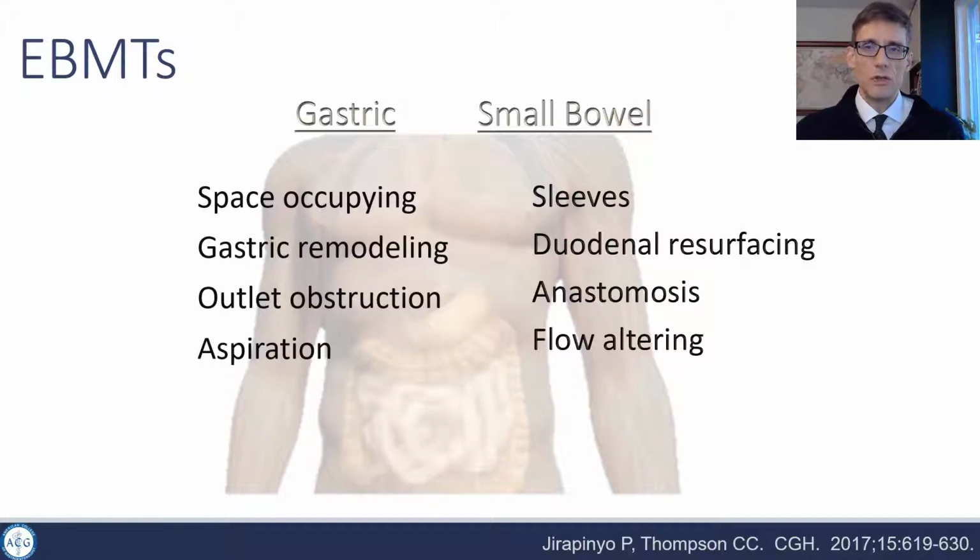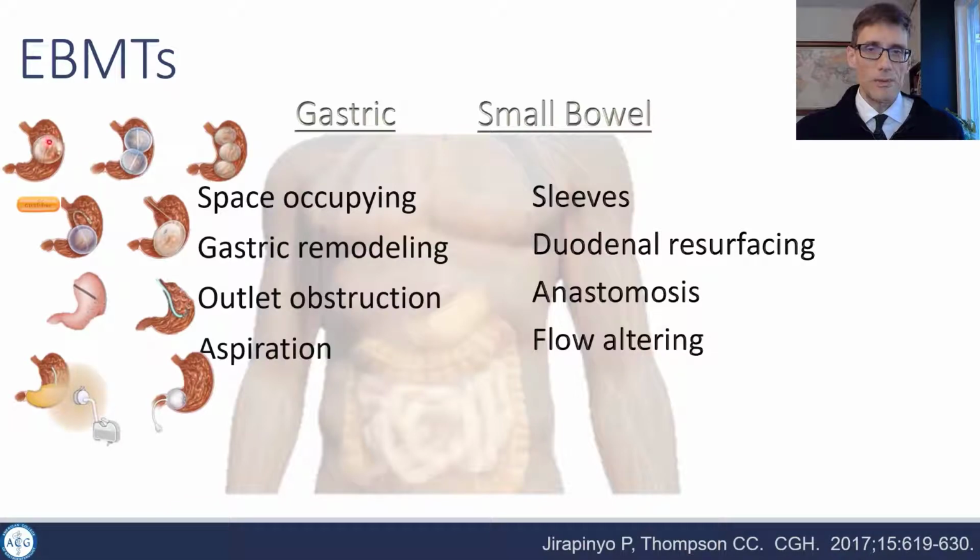Moving on to endoscopic bariatric and metabolic therapies, or EBMTs, and these procedures can be broadly classified into two groups. Gastric procedures, including space-occupying devices such as the intragastric balloons, gastric remodeling, including suturing and plication, aspiration therapy, and similar procedures. And these primarily affect weight loss, and they may have secondary effects on metabolic comorbidities.